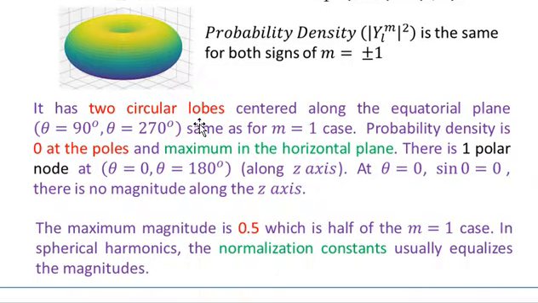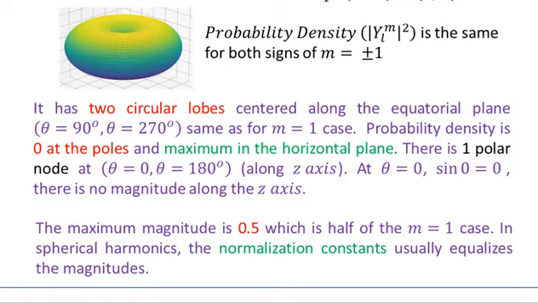It has two circular lobes centered along the equator plane, as we have shown in the polar diagram. That is, the two lobes are oriented at theta equal to 90° or theta equal to 270°, which is the same as for the case of m equal to 1. The probability density is 0 at the poles, because you see that the function vanishes in the center.